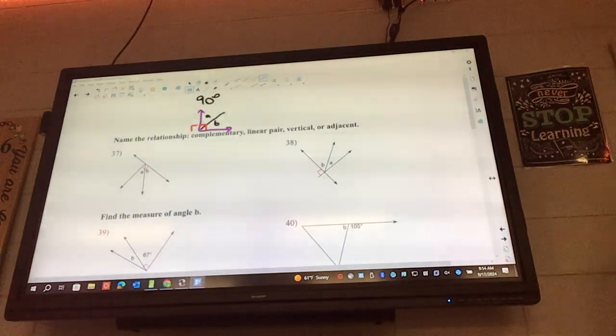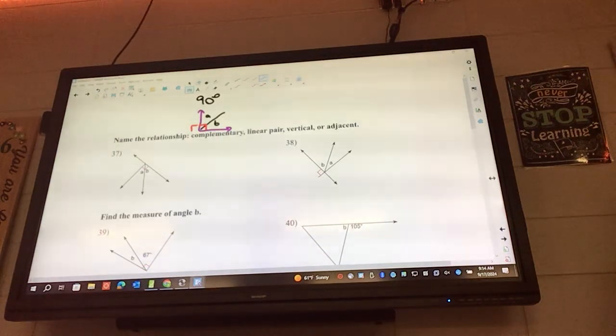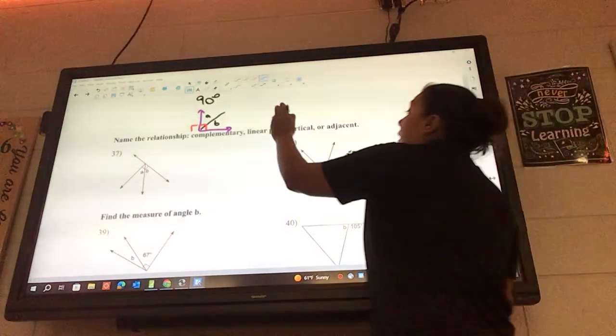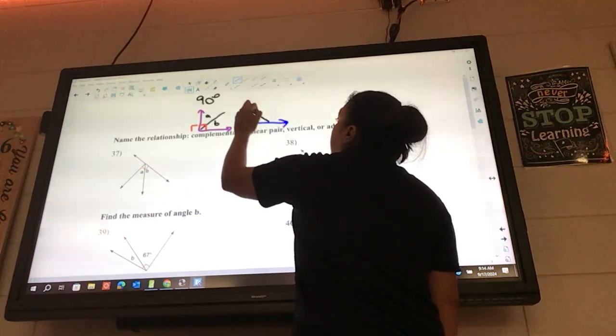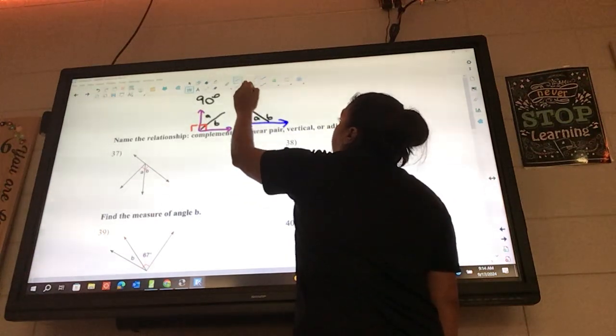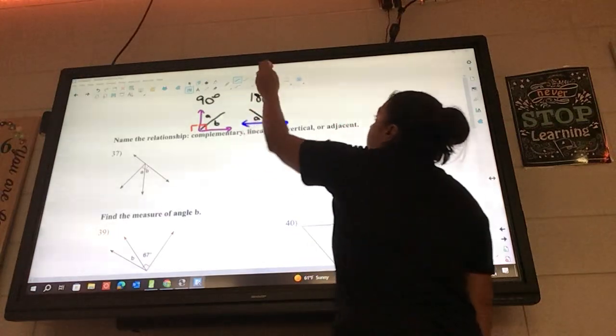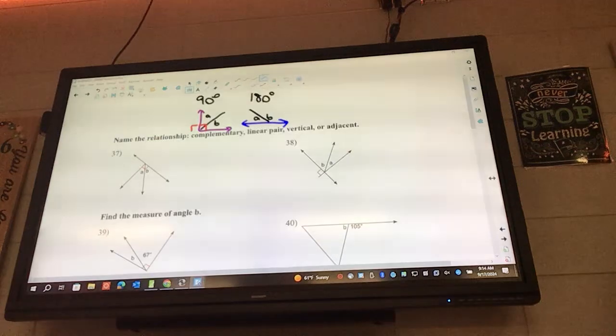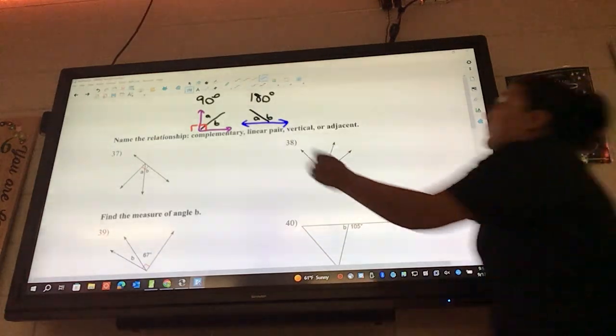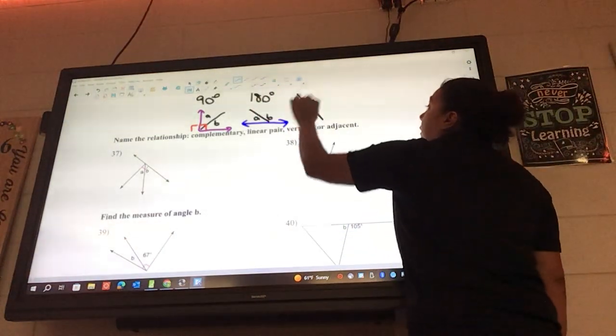Okay, what about a linear pair? Does anybody remember? Okay, a linear pair is gonna work out to be a straight line. Okay, and so you can have like A and B, and it adds up to be 180 degrees. Okay, vertical angles are gonna be across from each other.